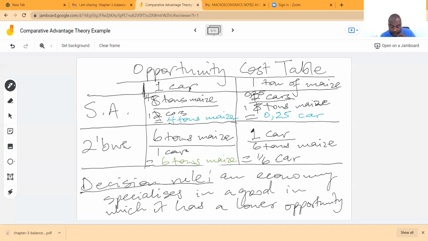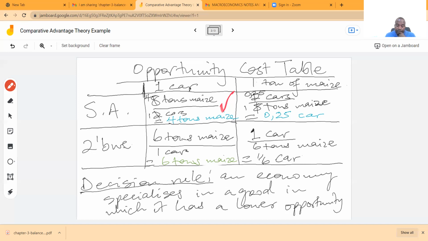So when we are looking at these opportunity cost ratios, it is clear that South Africa has a lower opportunity cost ratio in the production of cars, because she foregoes 4 tons to produce a car, compared to Zimbabwe, which foregoes 6 tons to produce a car. When we are calculating, we move horizontally, but when we are comparing, we move vertically.